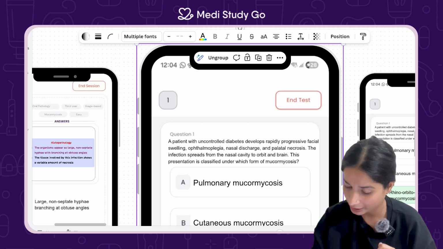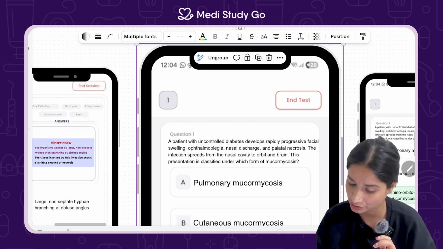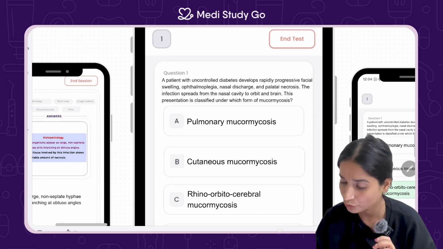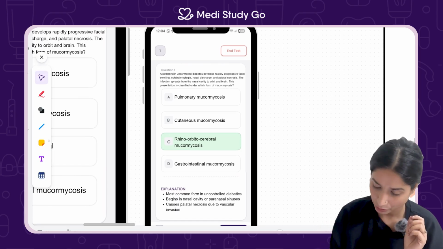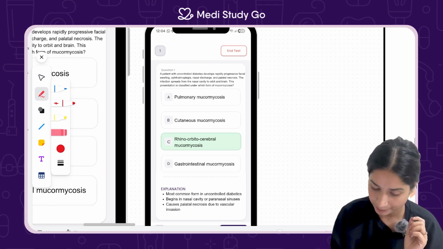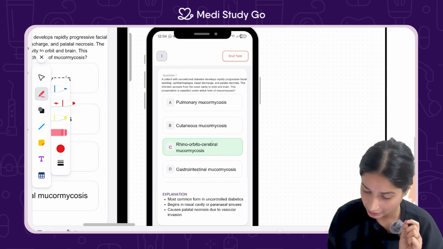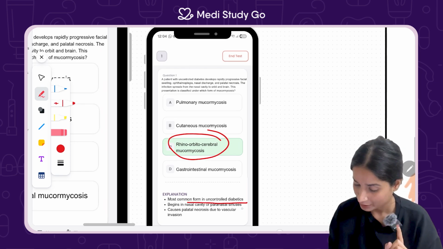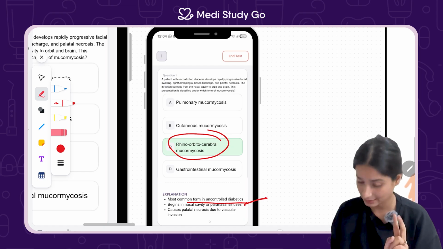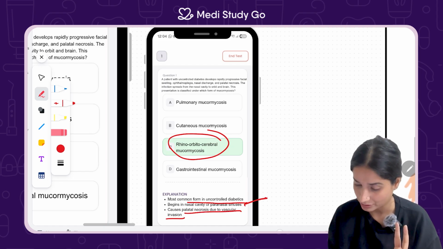The infection spreads from the nasal cavity to the orbit and brain. This presentation is classified under which form of mucormycosis? The answer is rhino-orbital-cerebral mucormycosis. As we have seen in the symptoms, it is the most common form in uncontrolled diabetes, begins in the nasal cavity or paranasal sinuses and causes palatal necrosis and invasion.